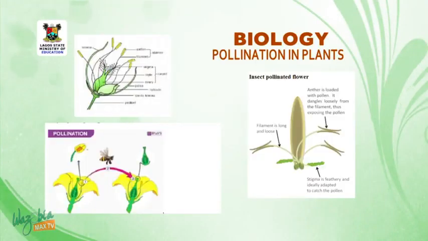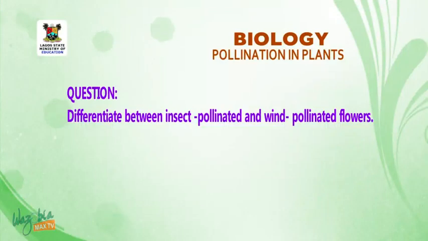Welcome back. Before we went on short break, you were able to observe the pictures of insect-pollinated and wind-pollinated flowers. Now let us discuss this question together. Differentiate between insect-pollinated and wind-pollinated flowers.